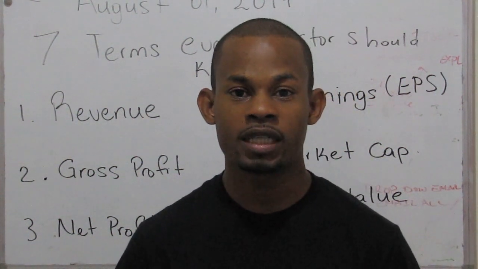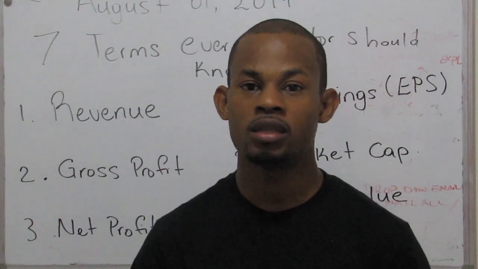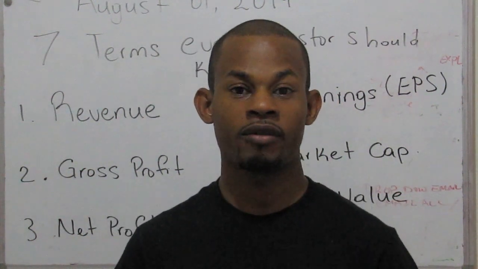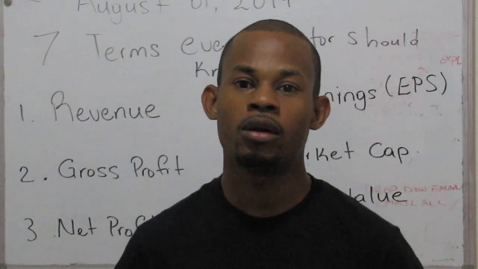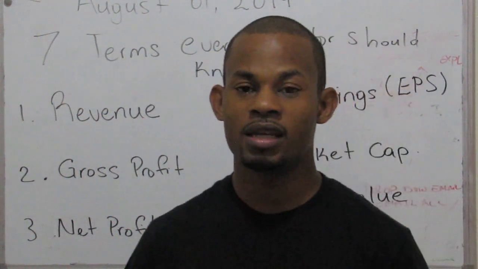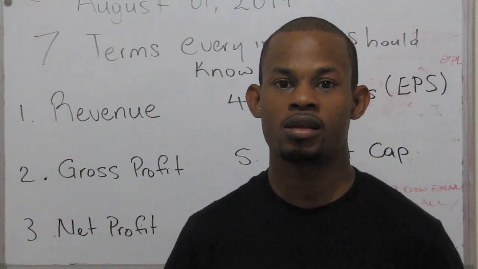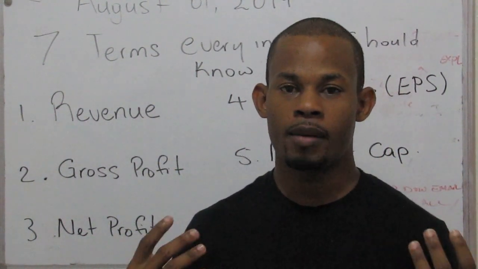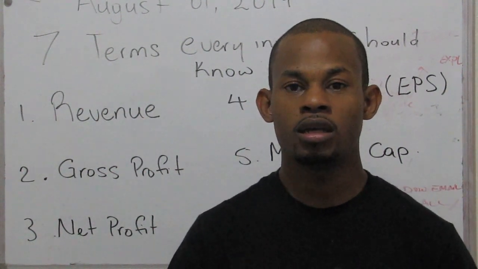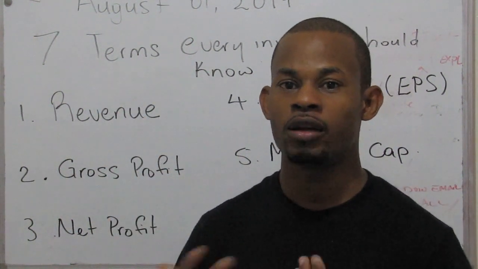Other companies recognize their revenues from investment or from trading in securities, and they'll record their revenues as interest income and other revenues. The second term is gross profit, and the gross profit of a company is the total profit that they make. It's basically the difference between the total revenues and the expenses that they had.